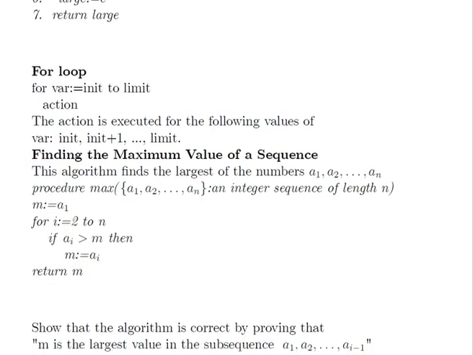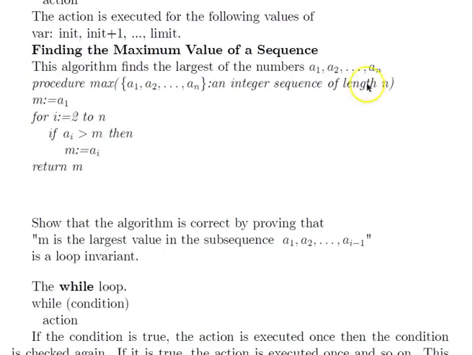Show that the algorithm is correct by proving that the statement "n is the largest value in the subsequence A1, A2, and so on, A sub I minus 1" is a loop invariant.